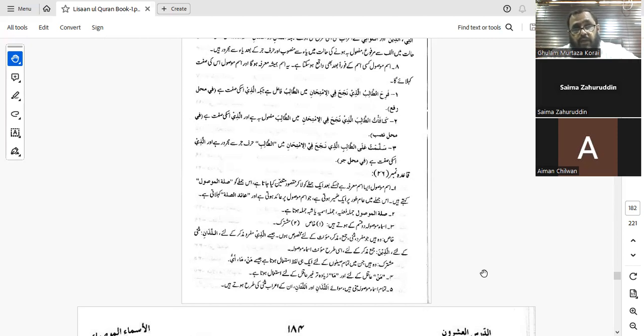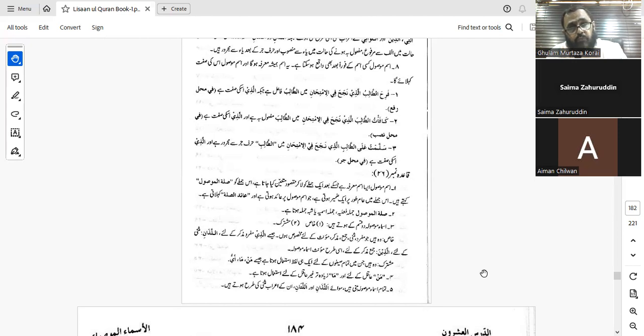Now we just use alladhi mujarrad. That will not be able to convey the sense. How does it convey its sense? It can only convey its sense when there is silatul mawsul.